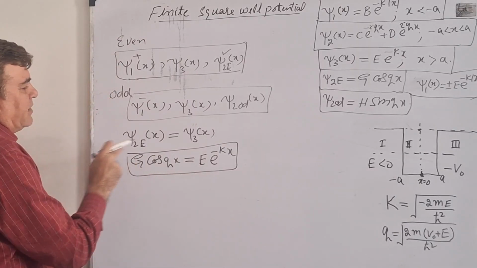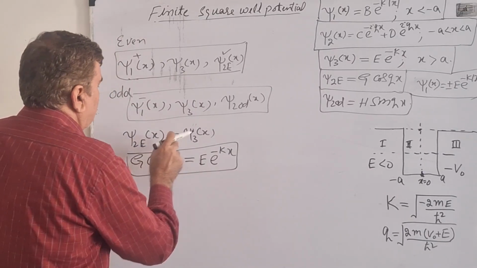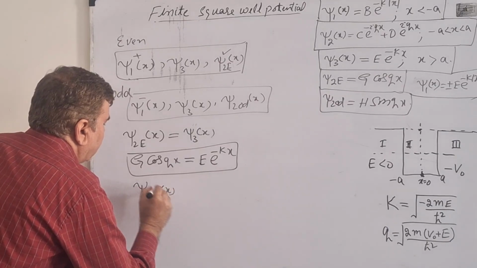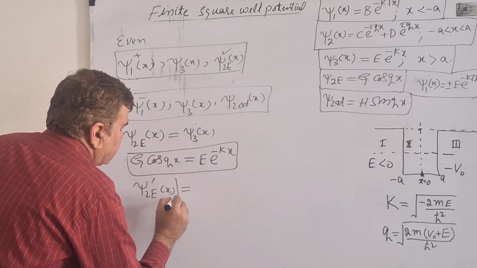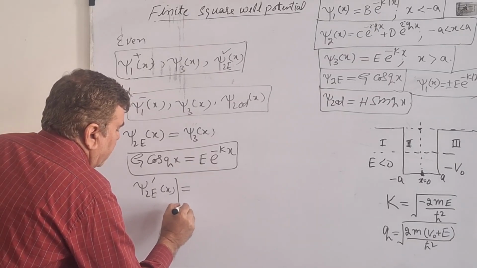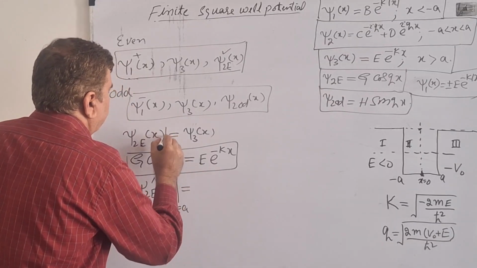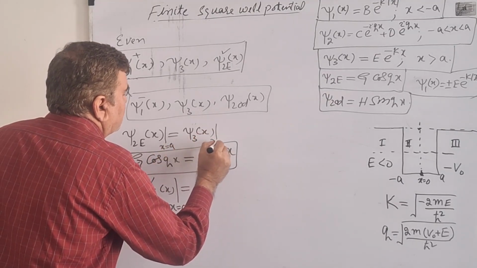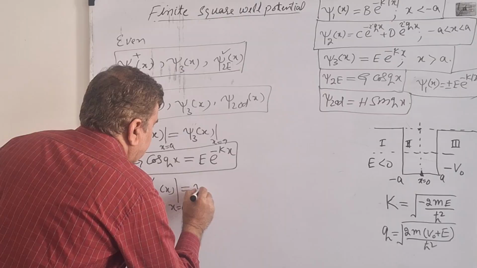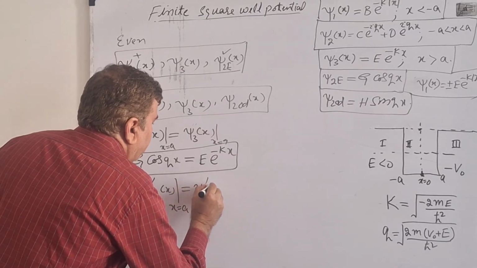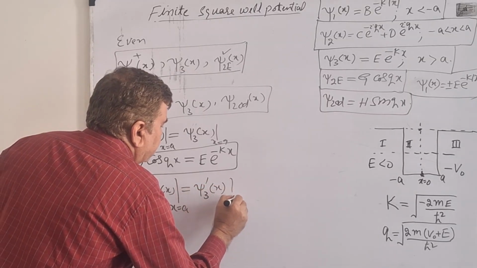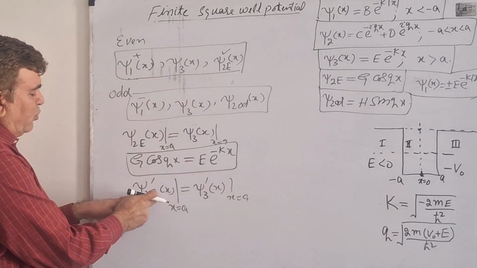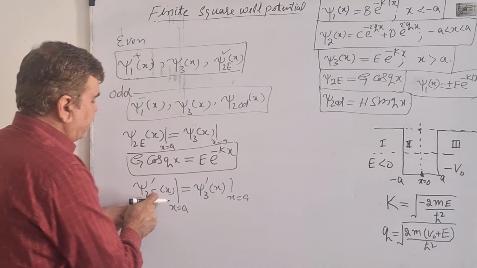And applying the condition on the derivative, I can write psi 2e prime of x at x equal to plus a should equal, I should have put this at x equal to a and this at x equal to a, psi 3 prime of x at x equal to a. They must be equal.